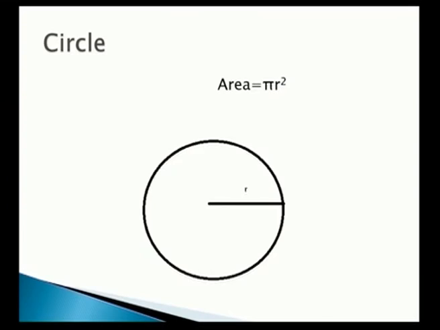Radius can be in centimeter, millimeter, meter, kilometer. In any of the length measuring units, radius can be given. So, if the radius is known, you can calculate the area of the circle.